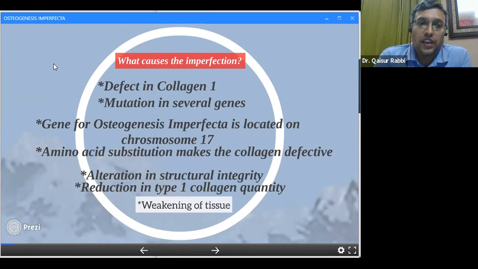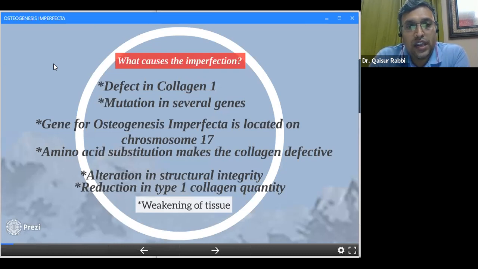This collagen 1 is present in chromosome number 17. It's the long arm of chromosome 17. It produces faulty amino acid. That faulty amino acid substitution makes that collagen defective, and the osteocyte that is produced from osteoid is also defective, causing weakening of the tissue.